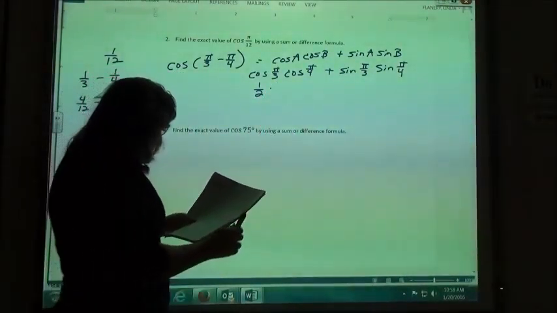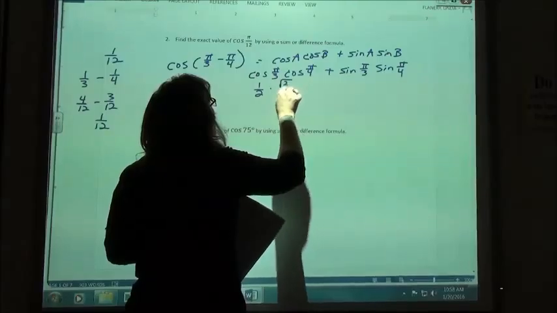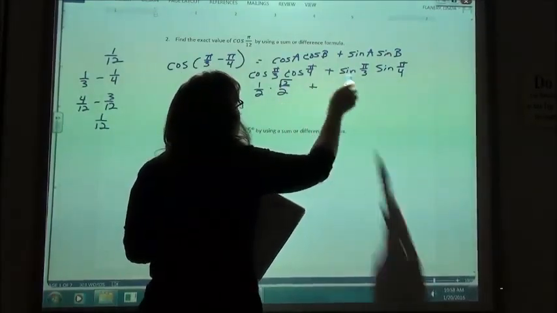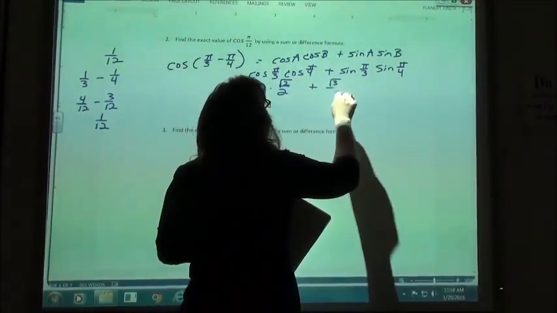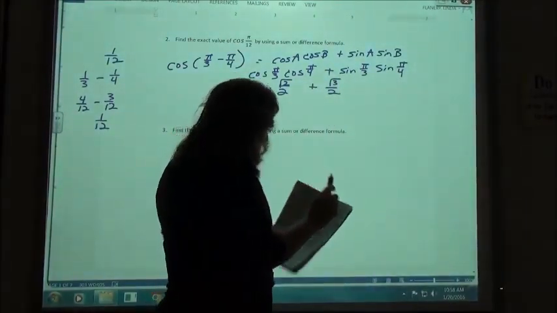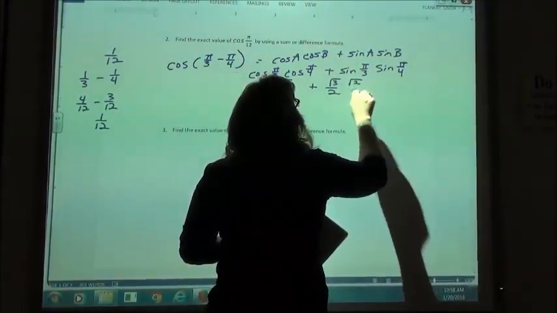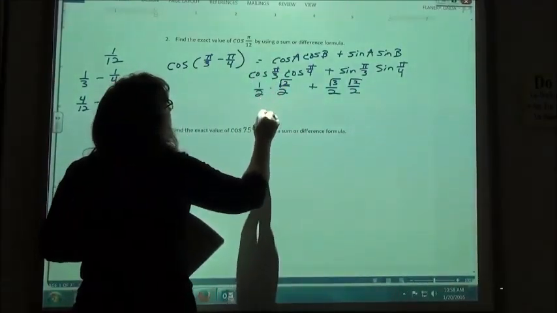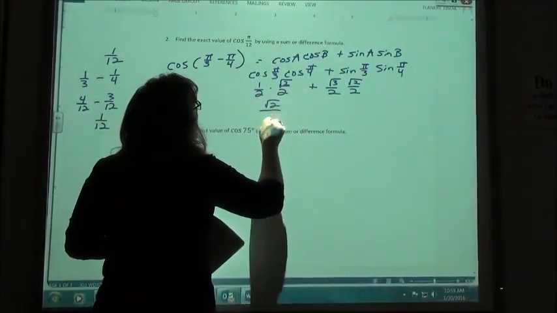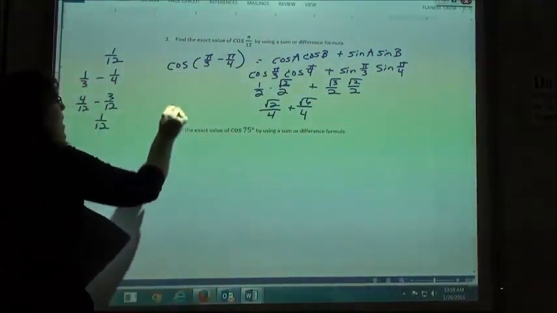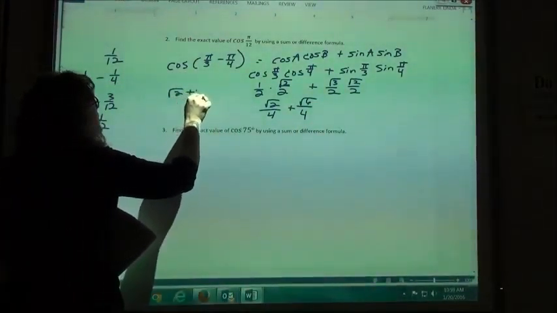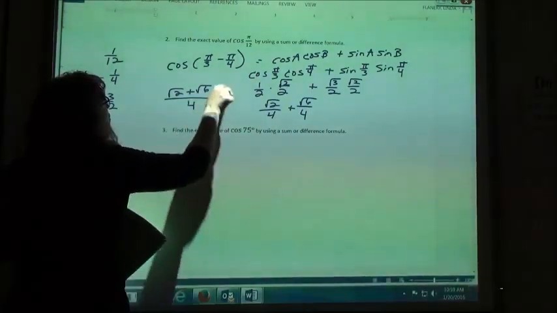Cosine of pi over 4 is square root of 2 over 2, plus sine of pi over 3, square root of 3 over 2, and sine of pi over 4, square root of 2 over 2. So we're going to get the square root of 2 over 4 plus the square root of 6 over 4. So our answer is square root of 2 plus square root of 6, all over 4.